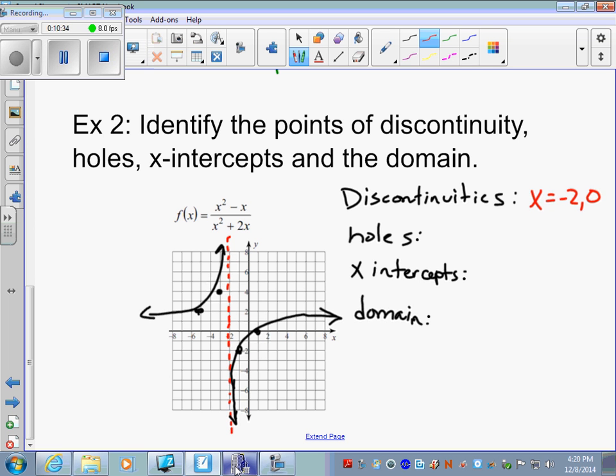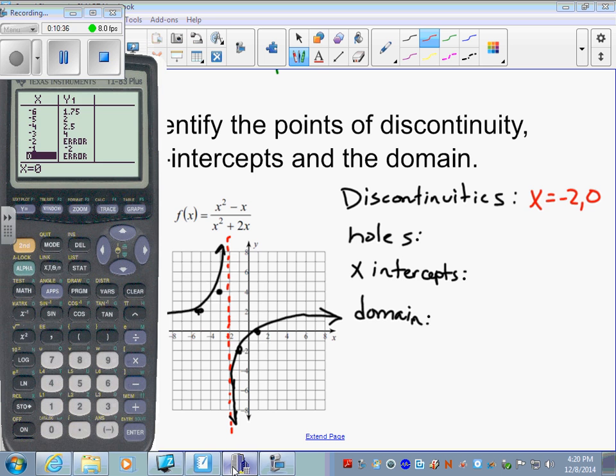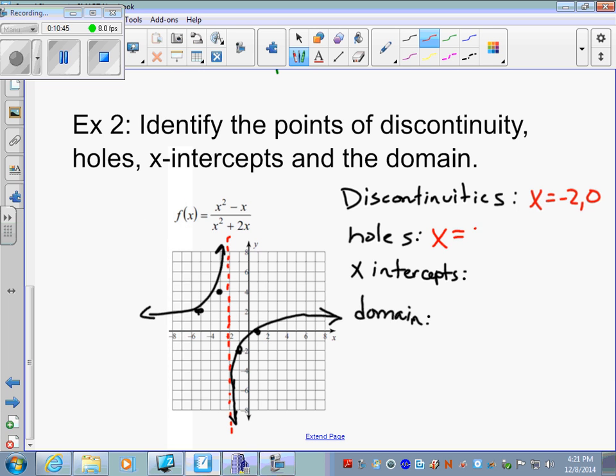You see at -2 there's a vertical asymptote. So that means at 0, there's no vertical asymptote there, that has to be a hole. If there are no vertical asymptotes where it is, that has to be a hole. So then at 0, there's actually a hole here. And x equals 0.